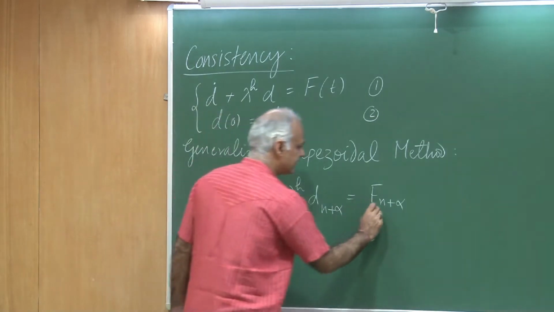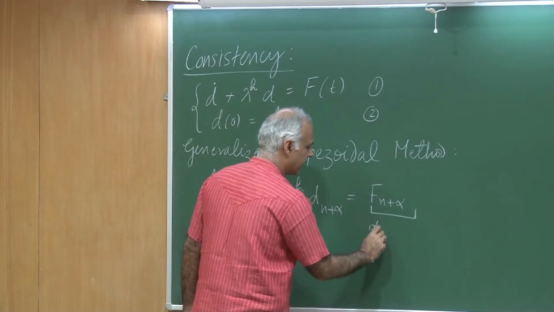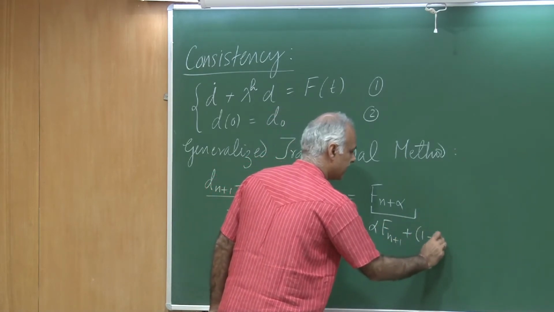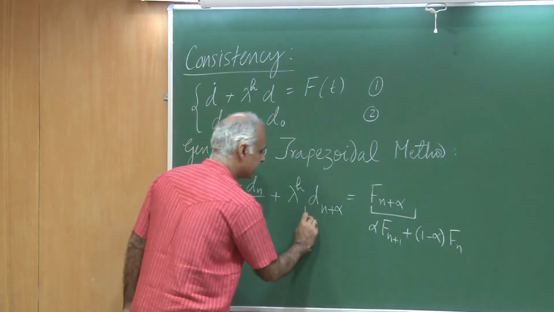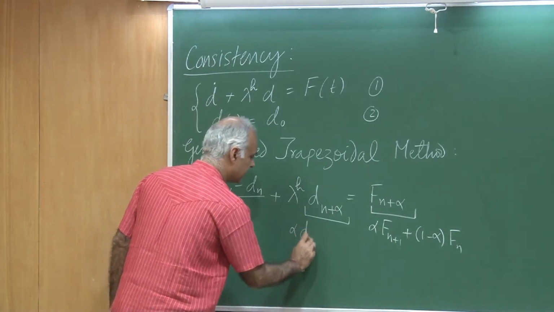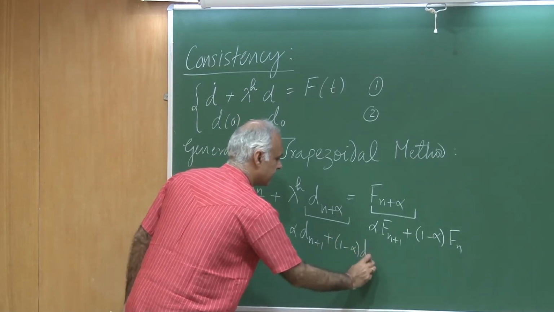The understanding is that this quantity is given as alpha times f n plus 1 plus 1 minus alpha times f n. Similarly, this quantity over here, the displacement at n plus alpha, is alpha d n plus 1 plus 1 minus alpha d n.